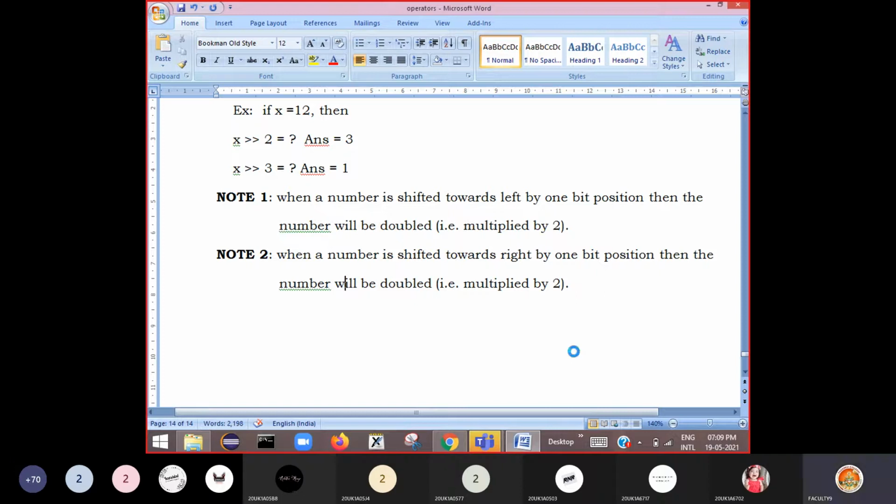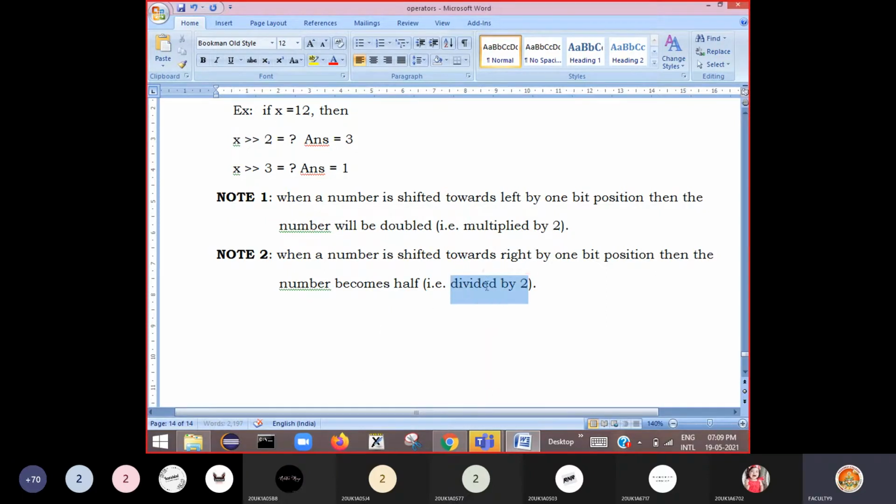That is, it is divided by 2. The number will be divided by 2.